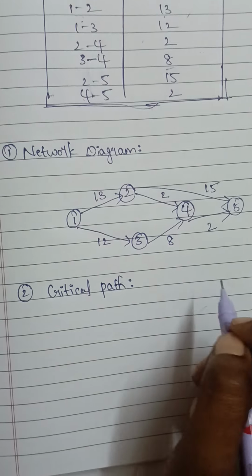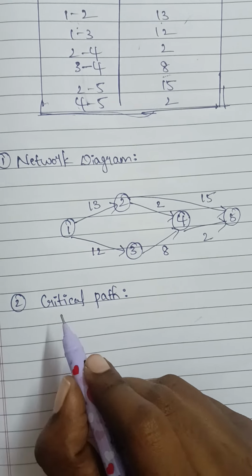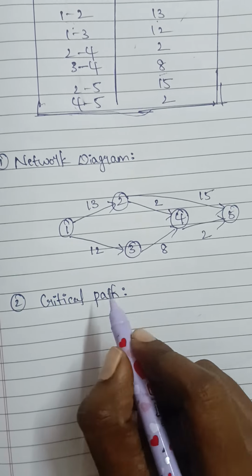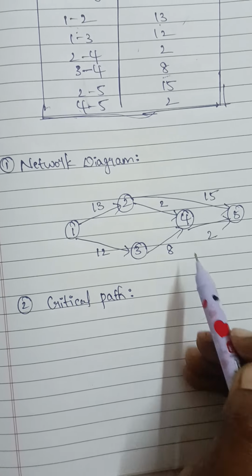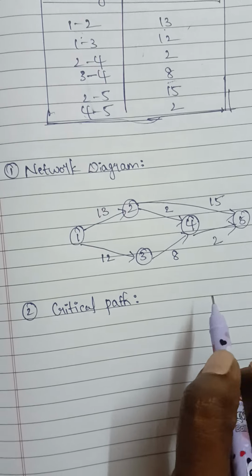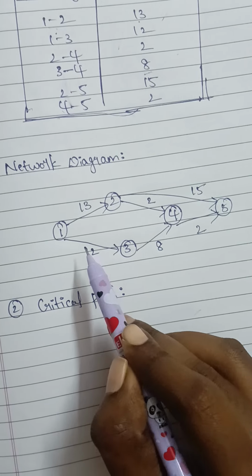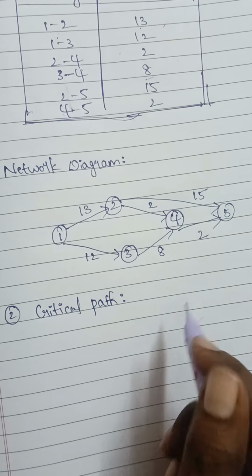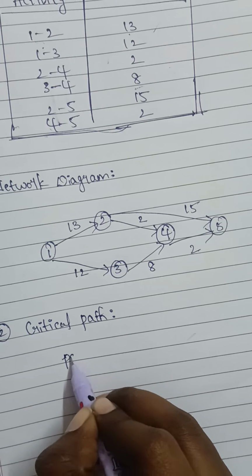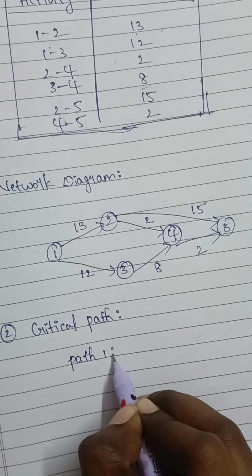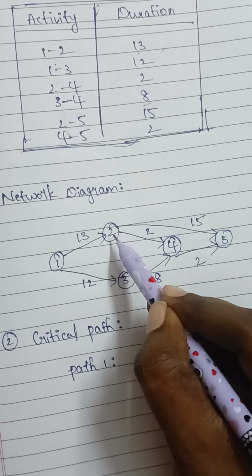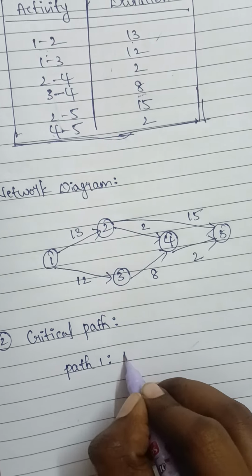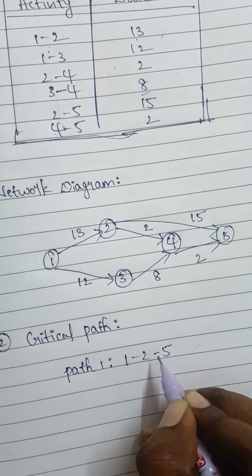After constructing the network diagram, the second step is to find the critical path. To find the critical path, first we have to find what paths are present in this network diagram. We can see that there are 3 paths in this network diagram. Path 1 is 1 to 2, 2 to 5.